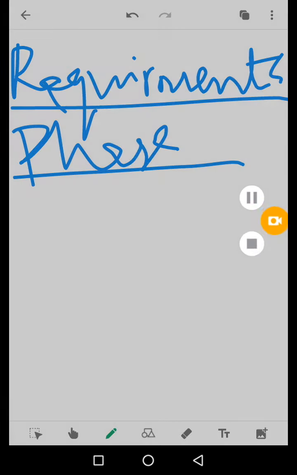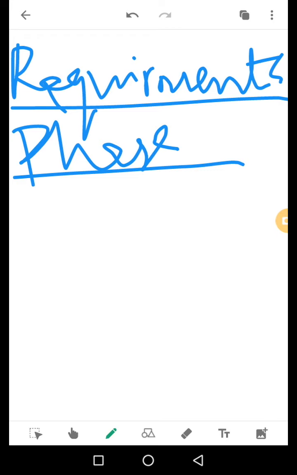Okay, so let's have a look at design guidelines. You can say design guidelines or design rules. In order to assess the quality of a design, there is a yardstick for a good design.